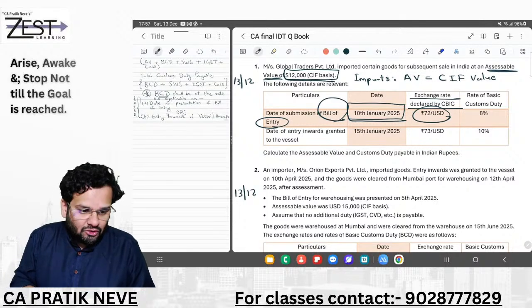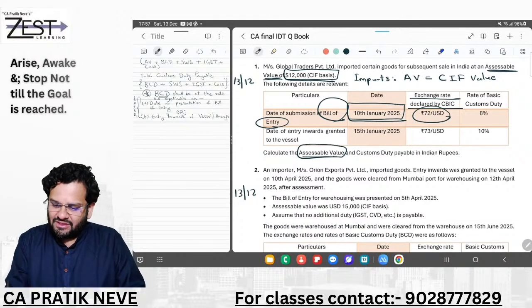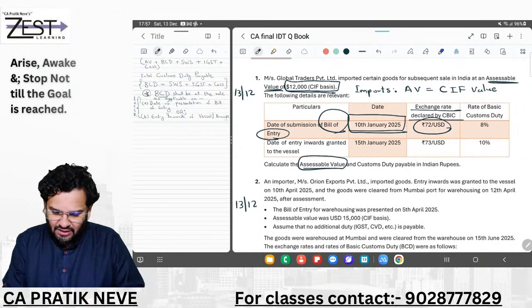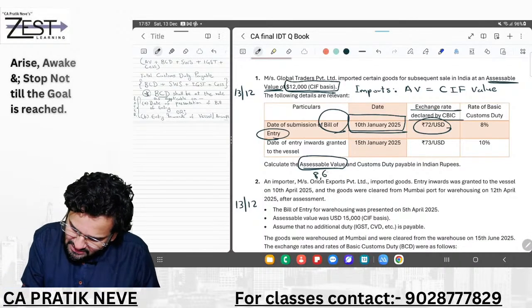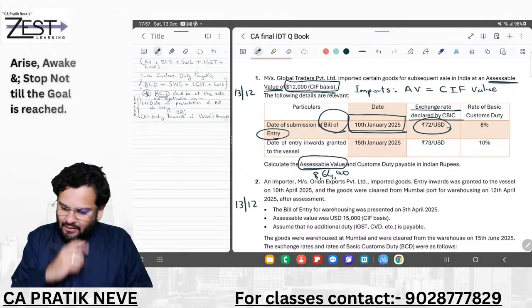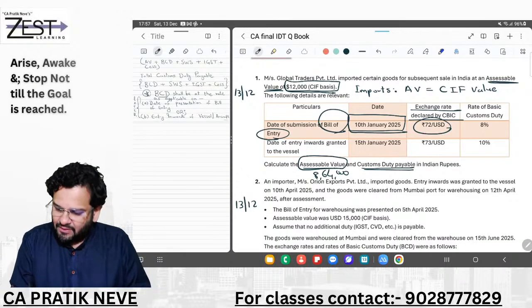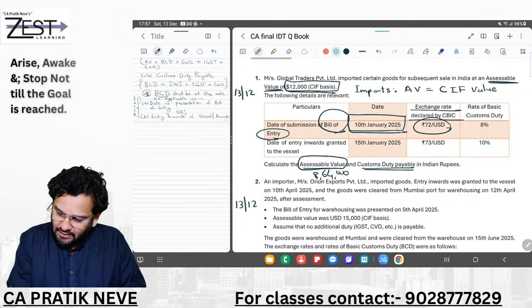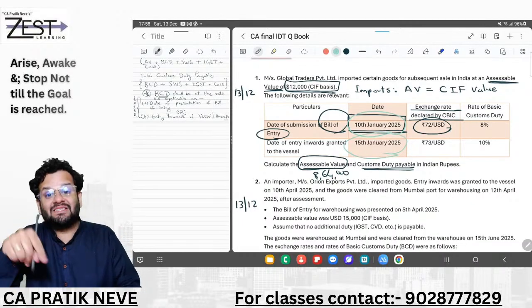And then friends, apply. You also have to calculate the assessable value, that is 12,000 into 72, which is 8,64,000, and also calculate customs duty payable. Customs duty payable will be as on 10th Jan or 15th Jan, whichever is later.